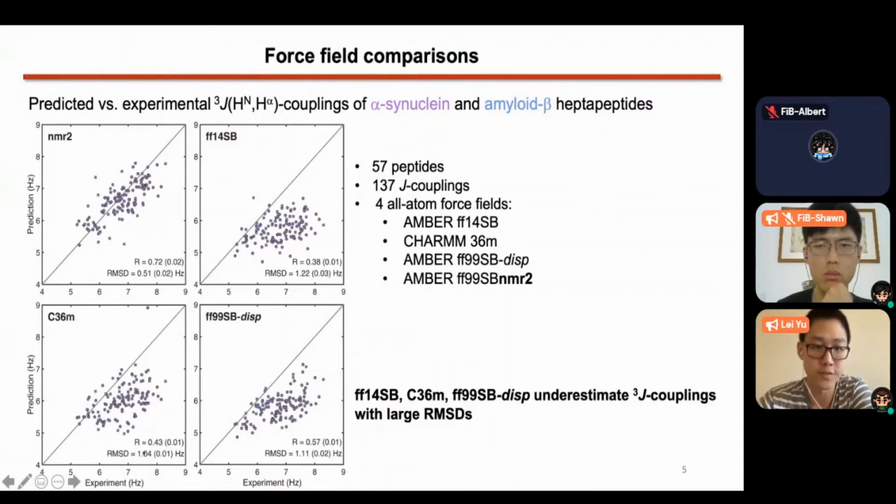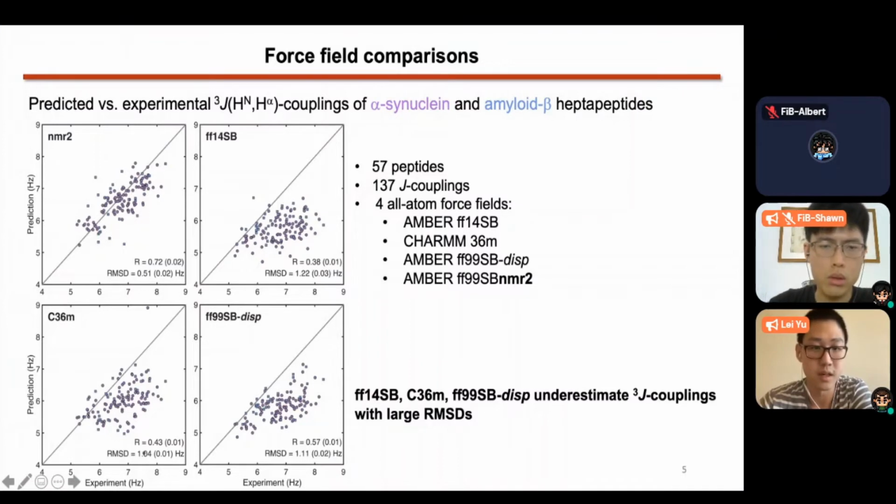We have 4 force fields. Besides the NMR2 force field I talked about, there are Amber FF14SB, CHARMM36M, and Amber 99SB-disp. On the y-axis is the predicted J-coupling, on the x-axis the experimental value. The prediction error ranges, in terms of RMSD, from 0.51 Hertz for NMR2, the best, to around 1 Hertz for the rest.